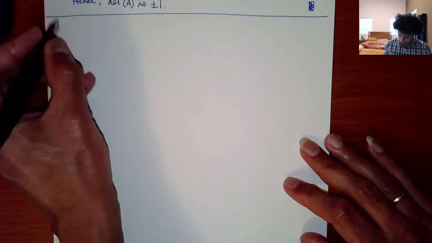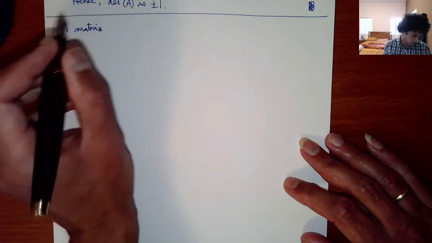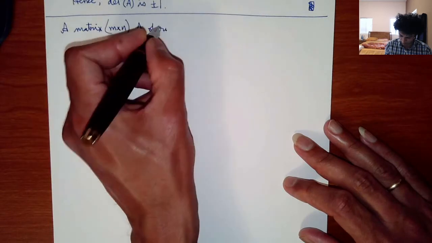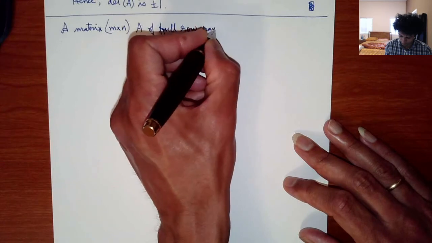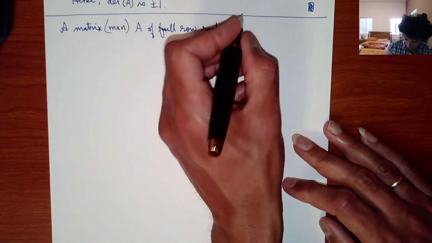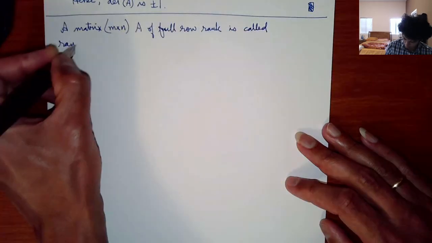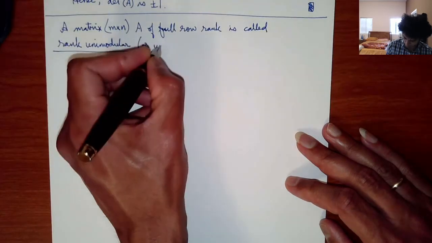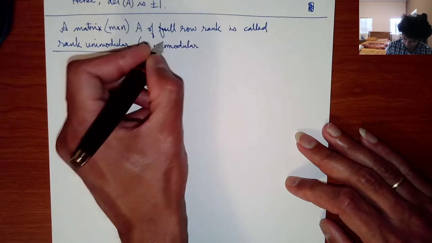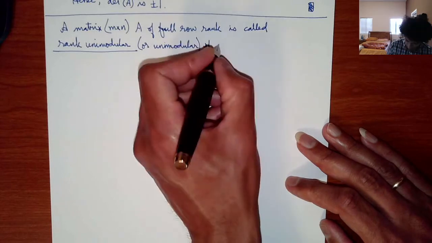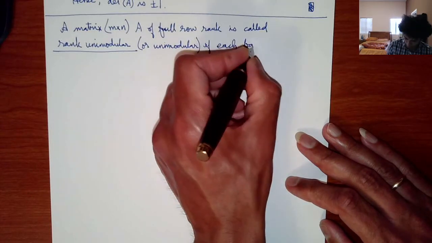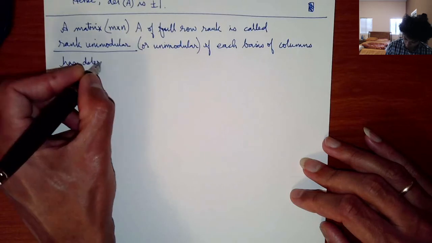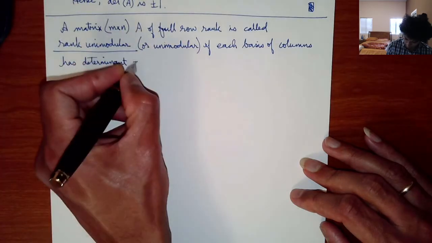So as an intermediate definition, we'll say a matrix A in M cross N of full row rank is called rank unimodular, or we'll just say unimodular, if each basis of columns has determinant plus or minus 1.